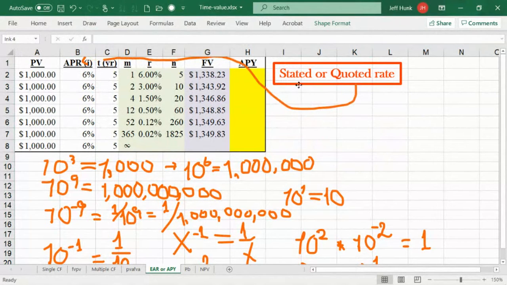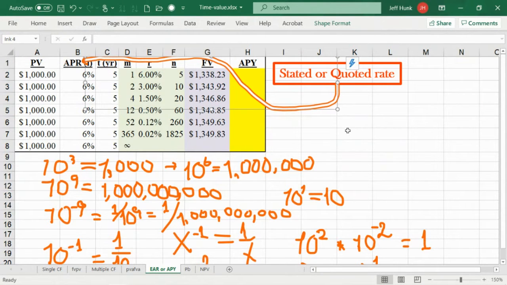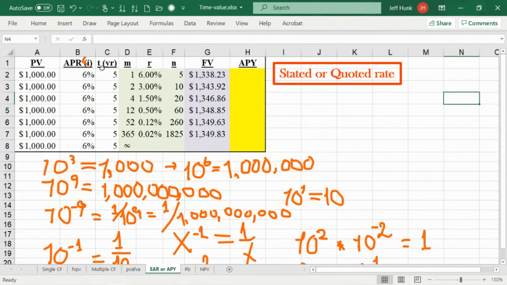So APY is different from that. Okay, so everybody understands why.